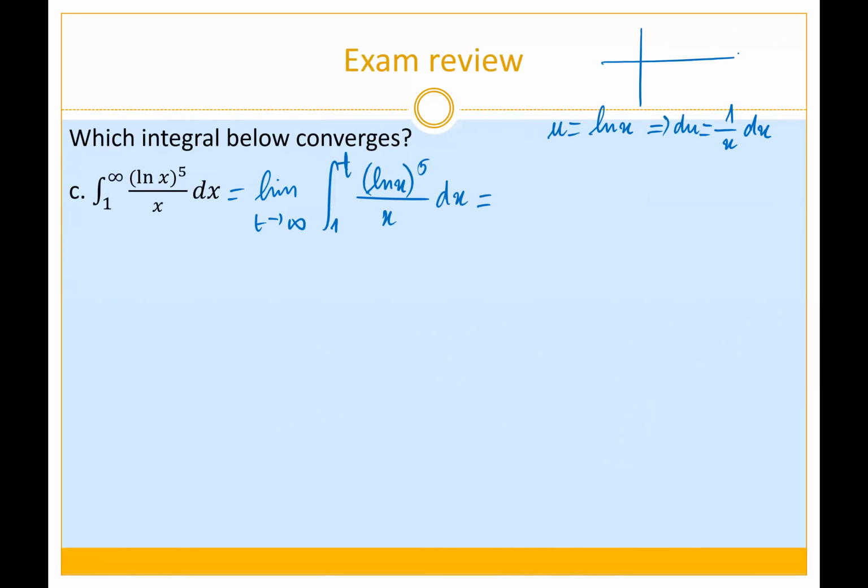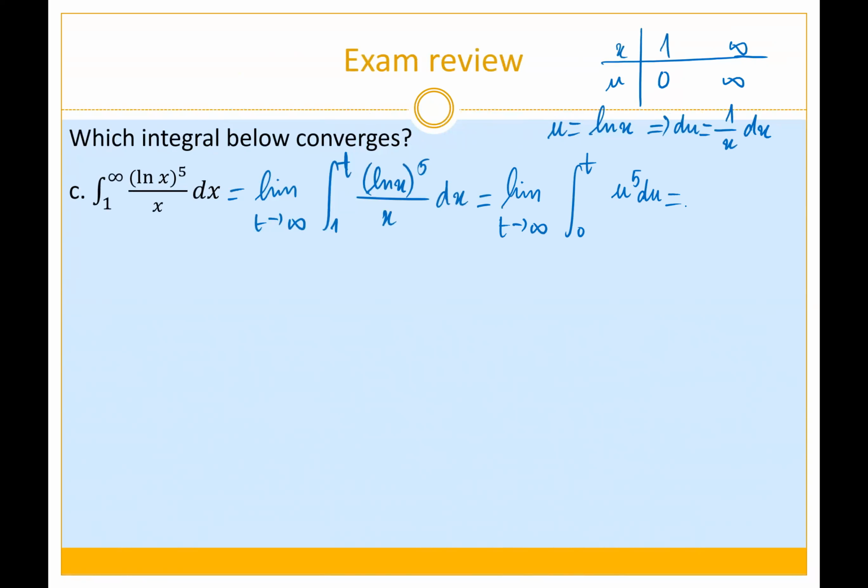The boundary doesn't really change, except that x and u go from 1 to infinity. So here you're going to have 0 to infinity, the limit as t approaches infinity, integral from 0 to t of u to the fifth du.